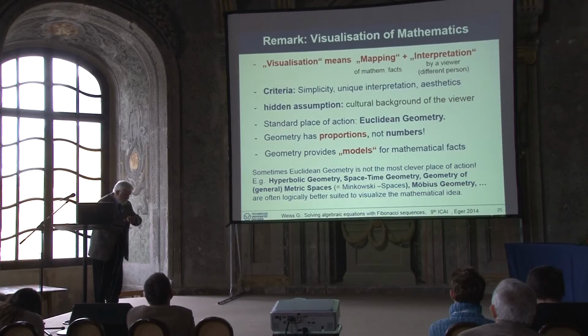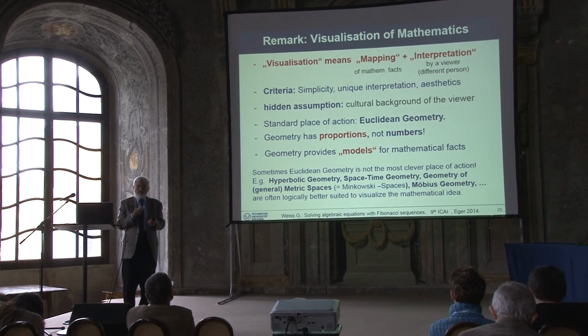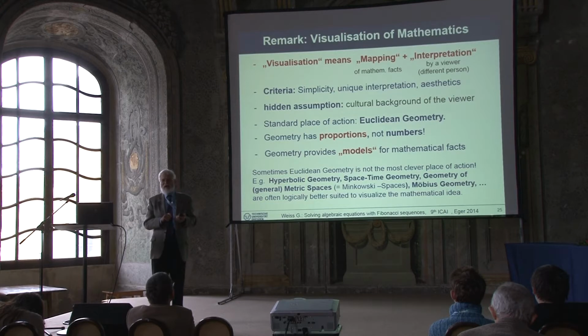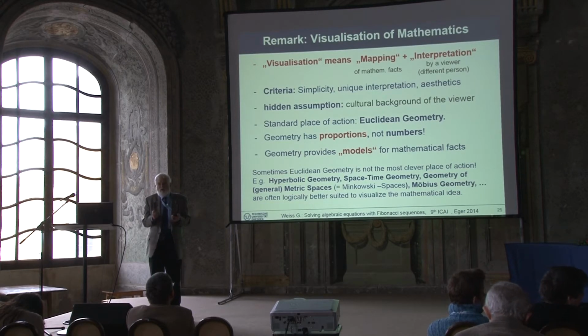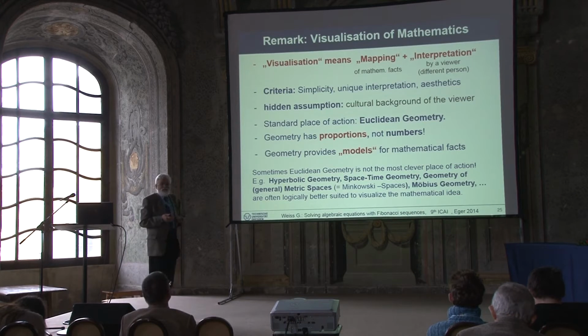So we talk now about visualization of mathematics. Visualization means, on one hand, mapping of a fact, and on the other, interpretation of, hopefully, this fact by some viewer, a different person who interprets it.